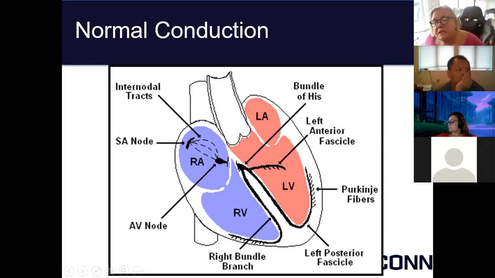If there's a delay either in the right bundle branch or the left bundle branch, that shows up on the EKG in the form of an extra wide QRS complex.